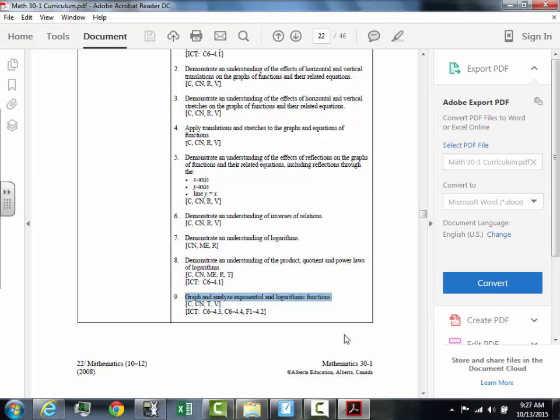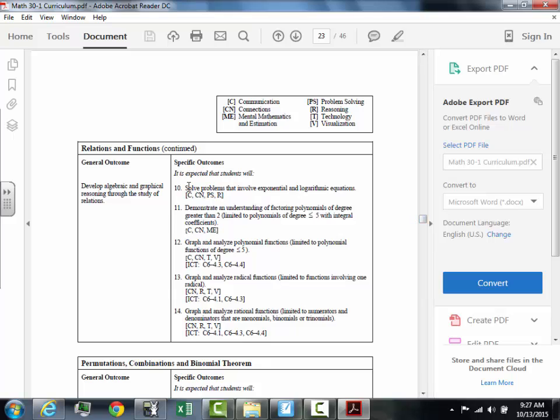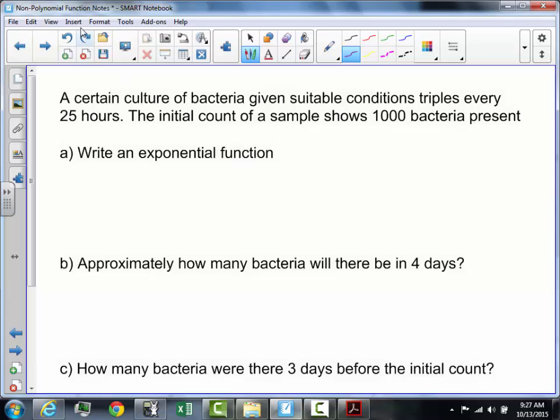But we've actually just talked about how to graph exponential functions. And to be honest, analyzing them means, can you tell me domain, range, x-intercept, y-intercept, asymptotes, all that stuff. Right? So that one's not the hard one. There should be another outcome sitting down here. There it is. And again, it's very broad. Solve problems that involve either exponents or logarithms. So like I said, I need you to be able to solve a problem. What that problem is, I don't know. So my goal is to get you ready for a bunch of different types. Fair enough? So let me show you some word problems.